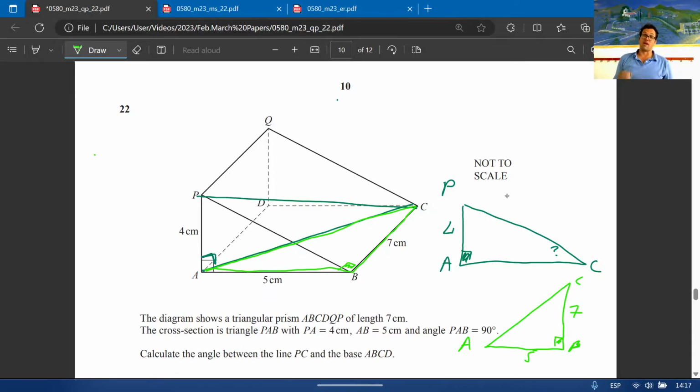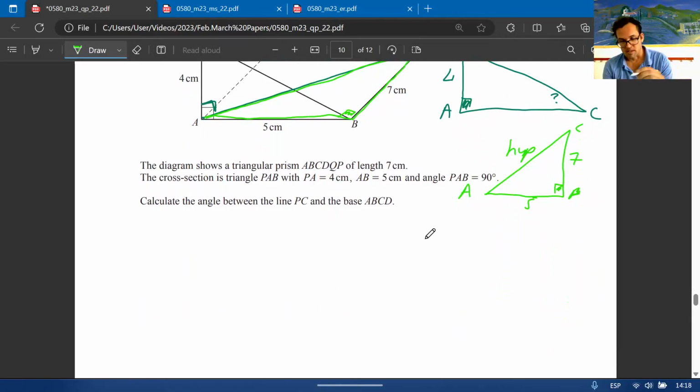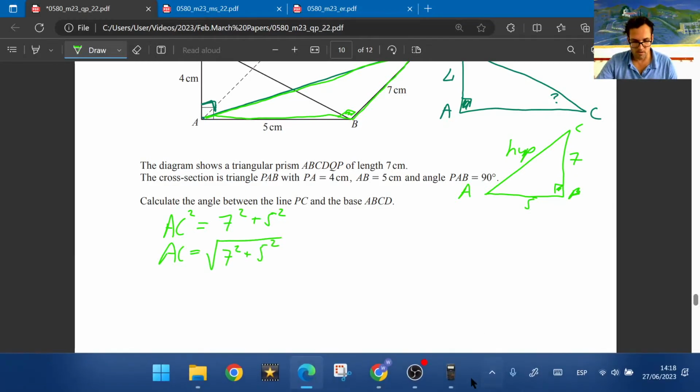Brilliant, a right angle triangle where we have 2 sides and want to know the hypotenuse. We're going to use Pythagoras. That means AC squared equals 7 squared plus 5 squared. Let's throw that square to the other side and it becomes a square root, and we can get the answer straight away.